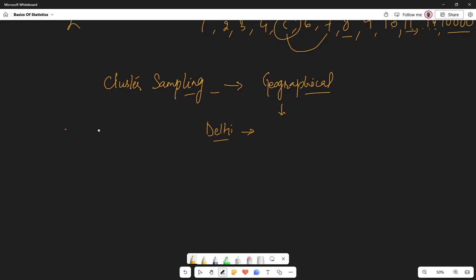I will have to take India and break it up into cities. I want to study how much pollution there is in Delhi, so I will have to break my population of India down to only the geographical area of Delhi, and then I can go inside Delhi and take some samples for my studies related to pollution. So geography is of utmost importance for this type.